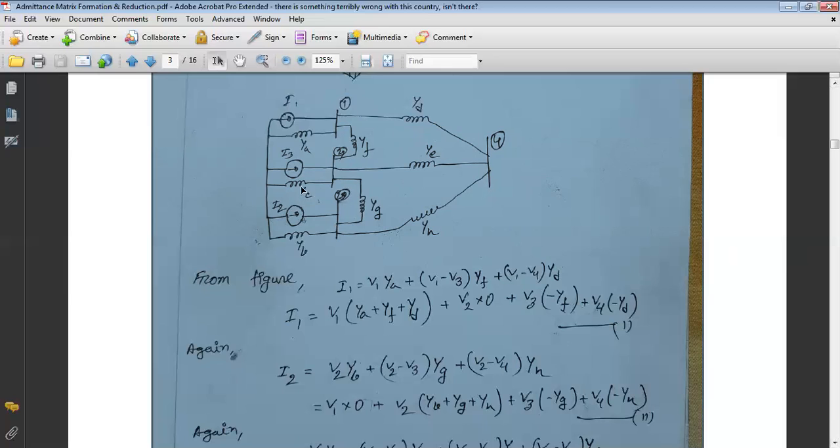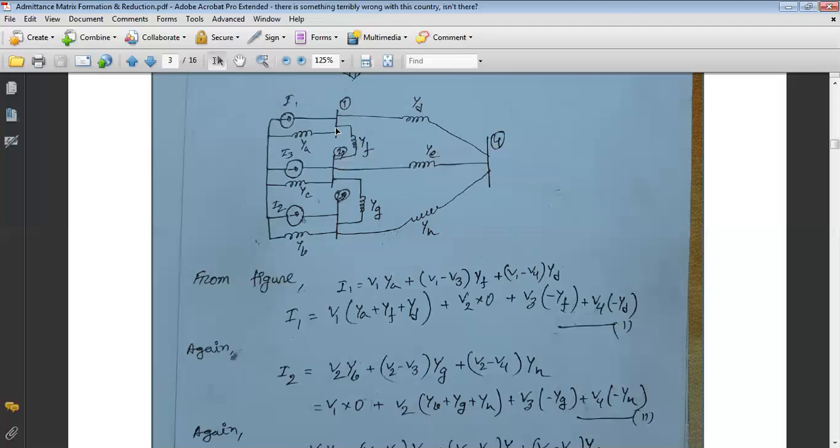So for bus 1, the bus voltage is V1. The equation of current passing from bus 1 to ground is V1 into admittance YA. Plus another current passes from bus 1 to bus 3, because there is a connection.